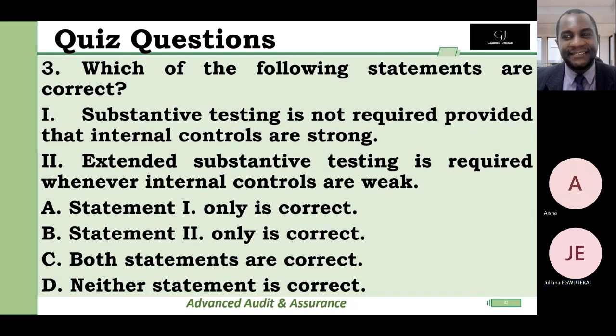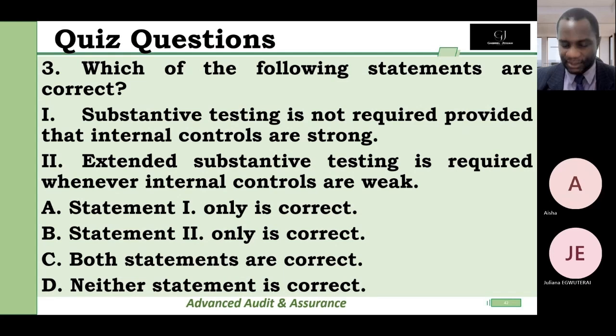No. Even if the internal controls are strong, it's still required. Exactly. Extended substantive testing is required when internal controls are weak. So substantive testing not being required is not the answer.